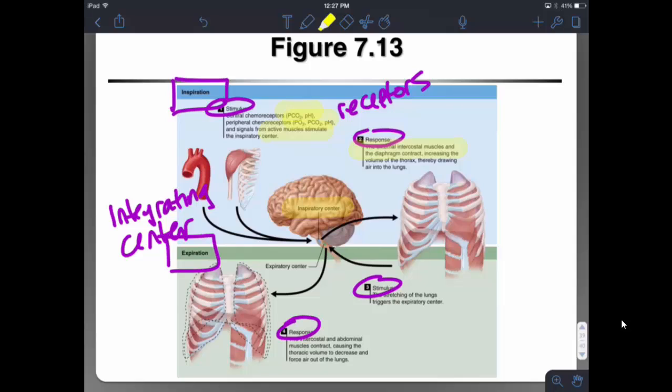The expiratory center, when it is activated, is activated partly by the SNS, but also from the stretching of the lungs. Okay, so I said that if the lungs stretch to a threshold degree, the body is going to initiate expiration to prevent further inspiration, to prevent over inhalation or overstretching of the lungs.